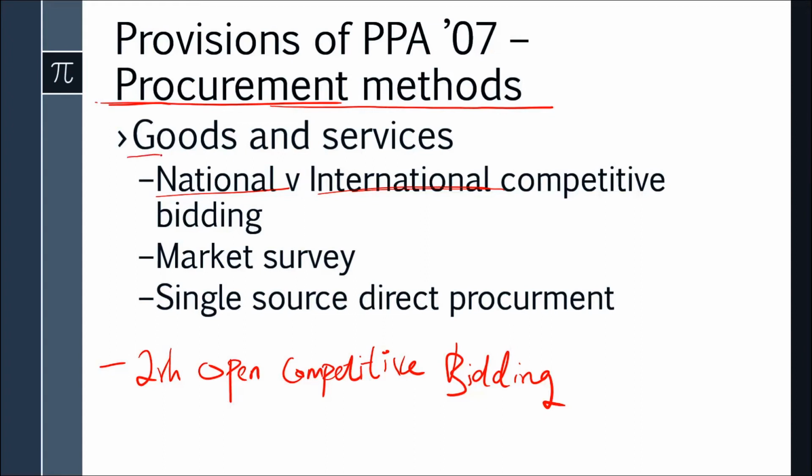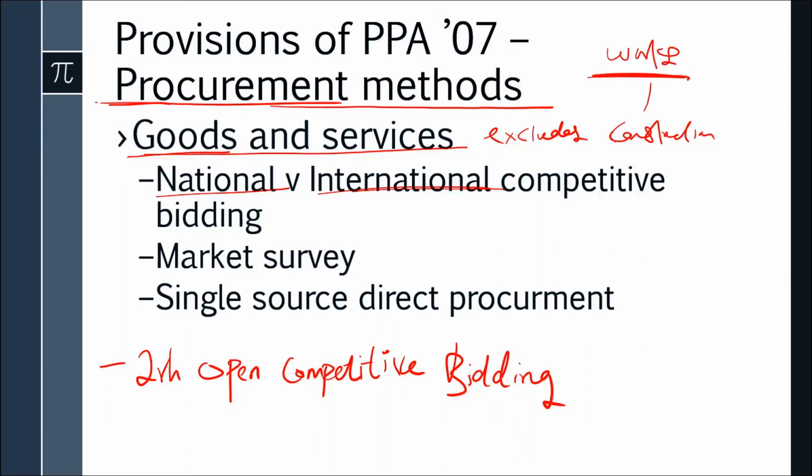So, for the sake of understanding, because the restrictions and the methods are different for different procurement contracts, let us start with purchasing goods and services. These goods and services exclude construction contracts, which we will classify as works.